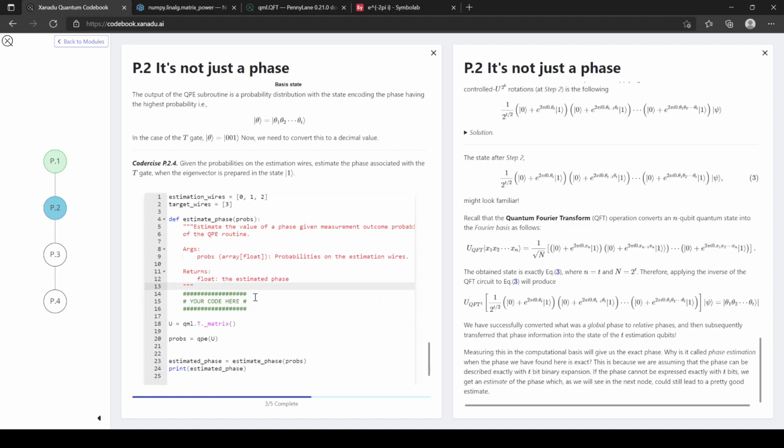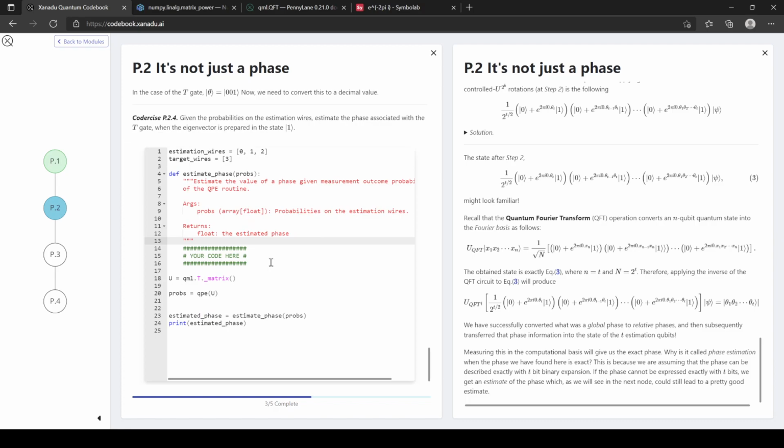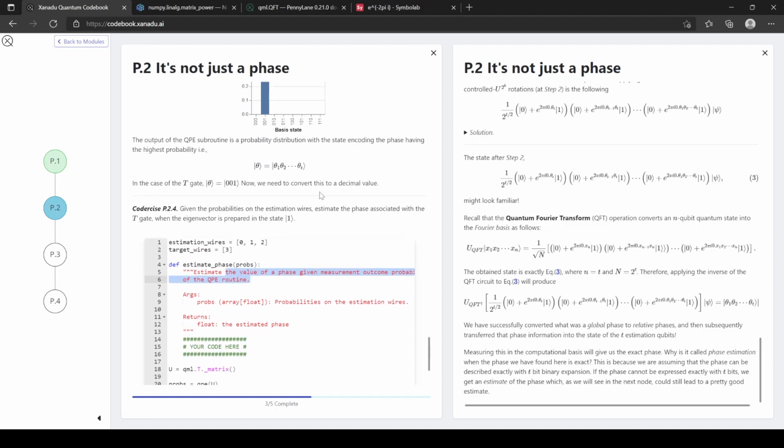Can we call the QPE function again? Oh wait. Estimate the value of phase. Estimate the value of a phase measurement given the probabilities on the estimation wires.